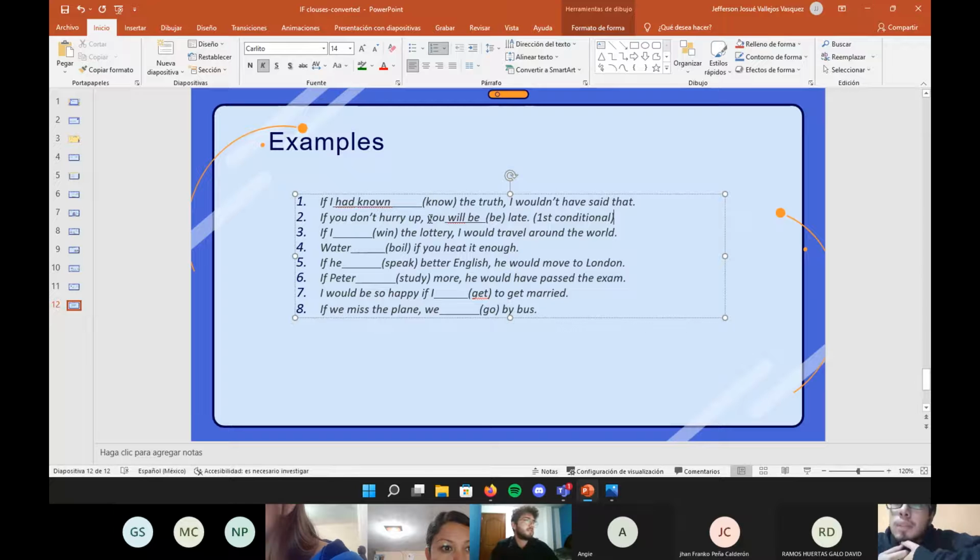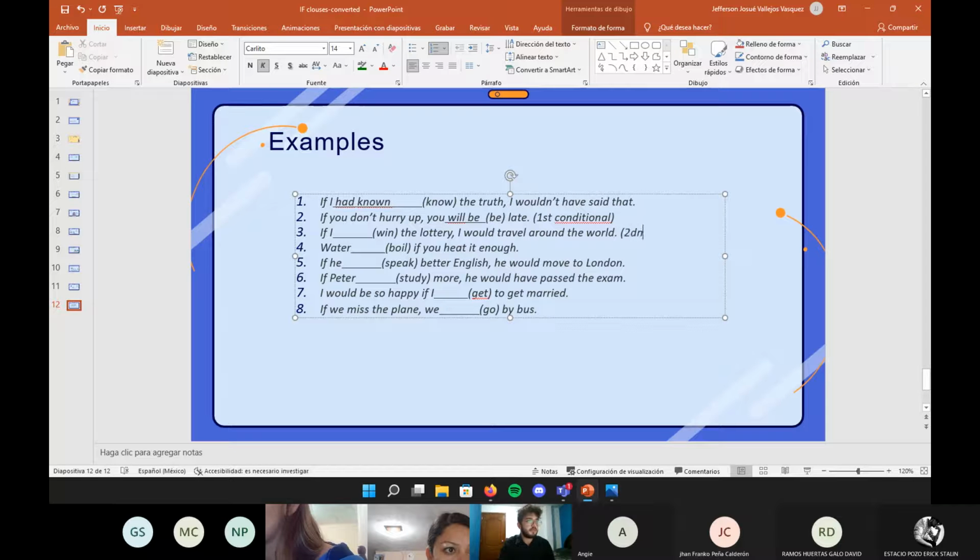Remember, in the first conditional, we have the consequence in future simple, okay? The third one, if I win the lottery, I will travel around the world. In this case, we don't have a simple present, a present perfect, sorry. For that reason, I mean, this is the second conditional, okay?